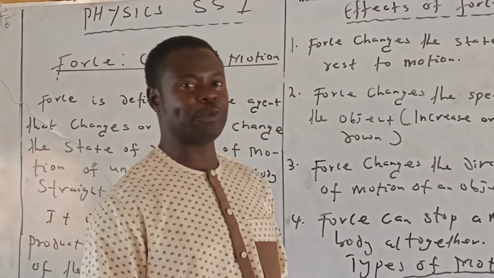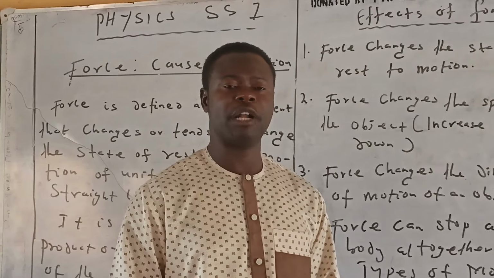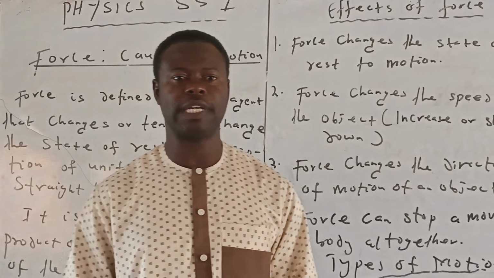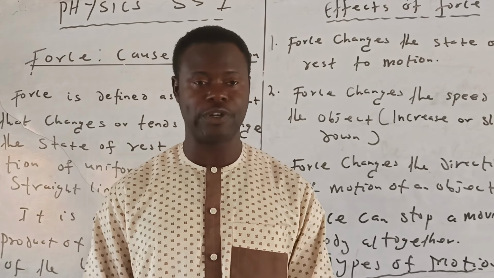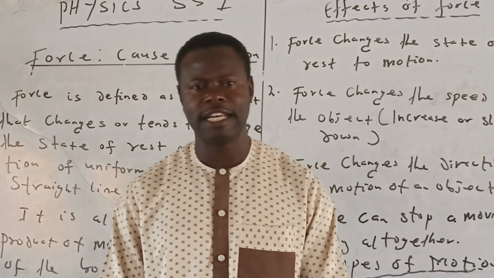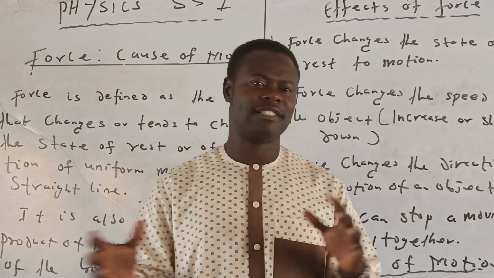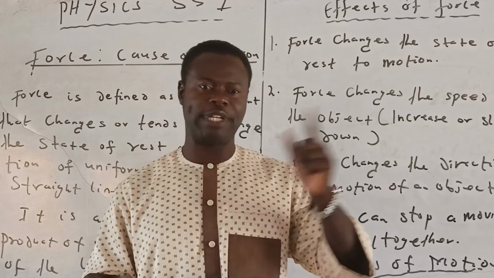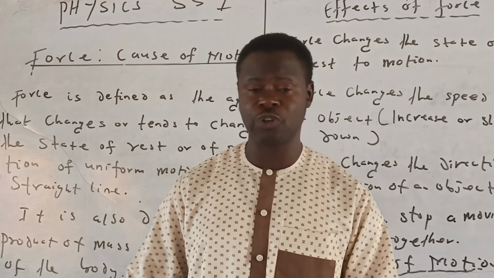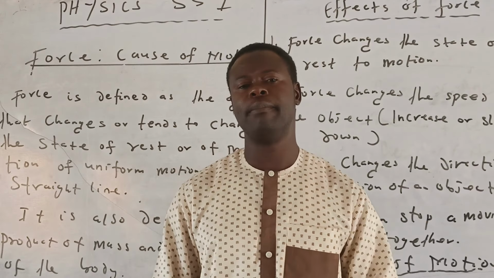We are looking at the topic, the cause of motion. But before we go to the cause of motion, let's have a little review of what we have done in the previous lesson. We have already defined motion as change of position of an object or body with respect to time. Motion also involves movement of an object with respect to time.